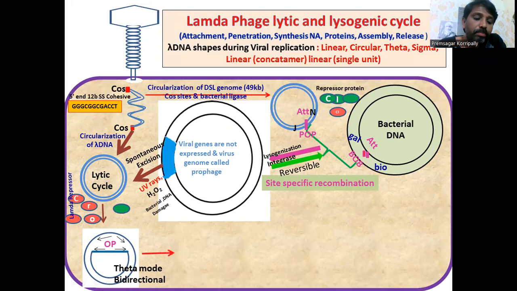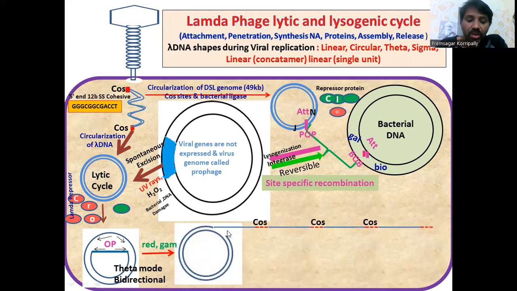Once it is undergoing theta mode replication, Red and Gam are the genes that convert the theta mode of replication to the sigma mode, that's rolling circle replication. In this, there will be a nick in one strand, and they will synthesize long strands, and then there is second strand synthesis.